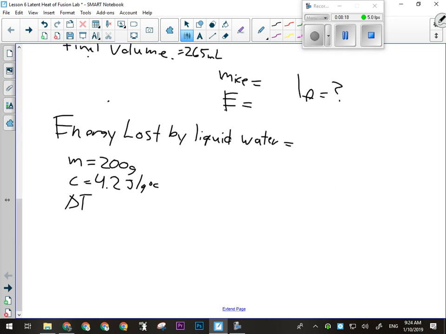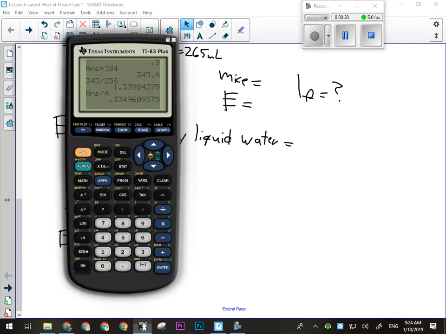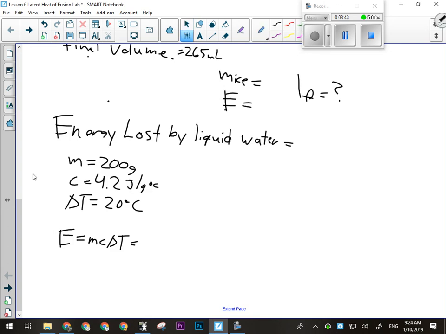Okay, so ΔT is going to be 20 degrees Celsius. All right, so now I'm going to calculate how much energy was lost by the water. E = mcΔT. All right, so we're going to have 200 times 4.2 times 20 degrees. Okay, so the water lost 16,800 joules worth of energy.